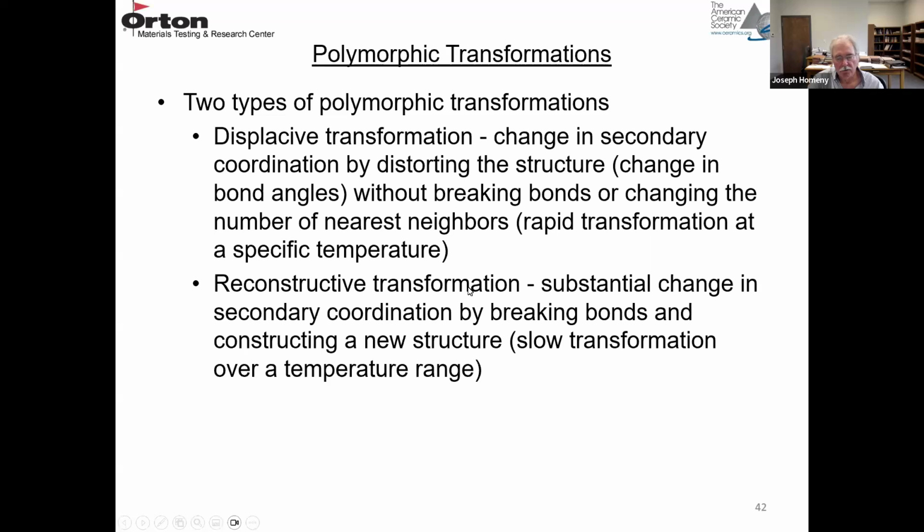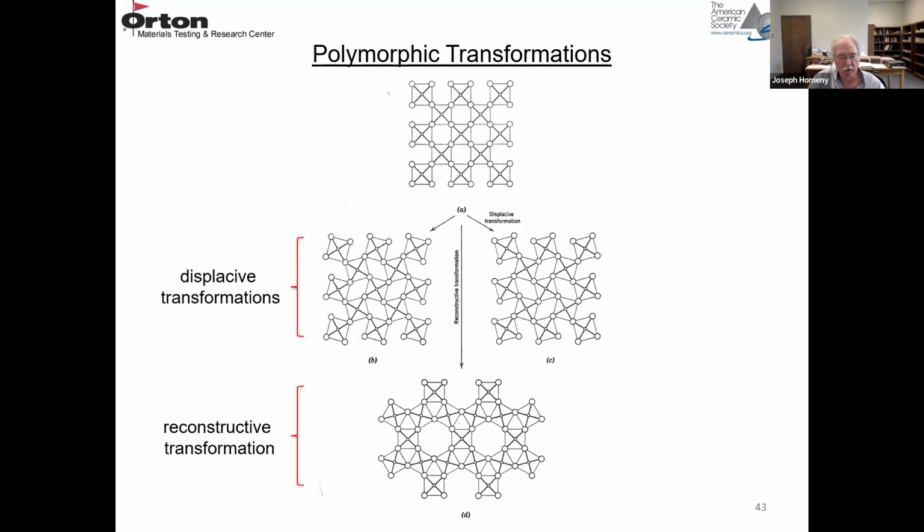So a reconstructive transformation example might be converting quartz to cristobalite. Sluggish, it occurs at a high temperature. You're breaking bonds and forming an entire new crystal structure. So when we go over the different refractory compositions, I'll point out which ones have displacive or reconstructive phase transformations.